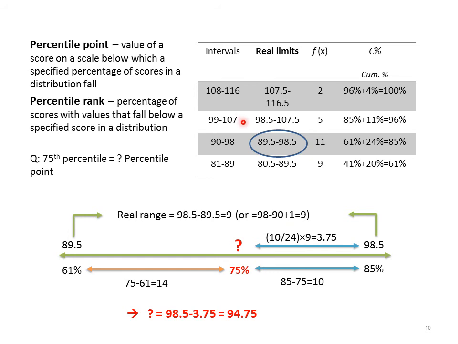So it is 3.75 points from the real upper limit. So the value at the 75th percentile point is 98.5 minus 3.75, which is 94.75.